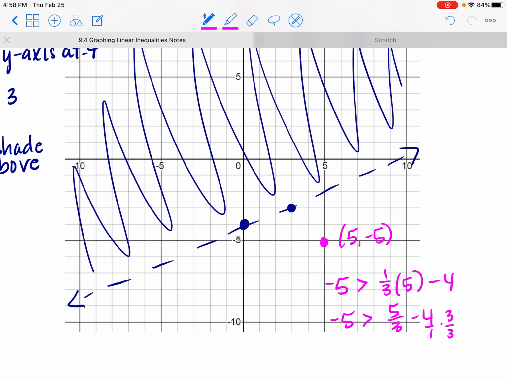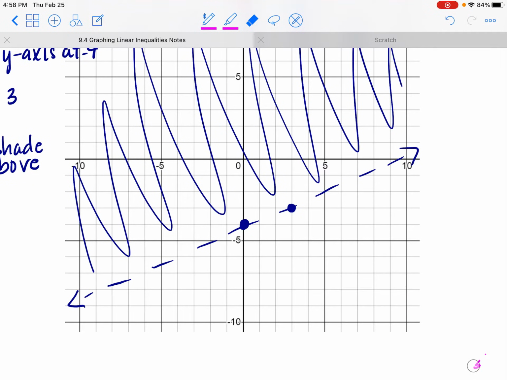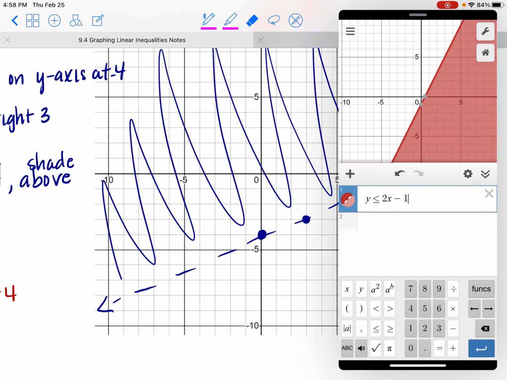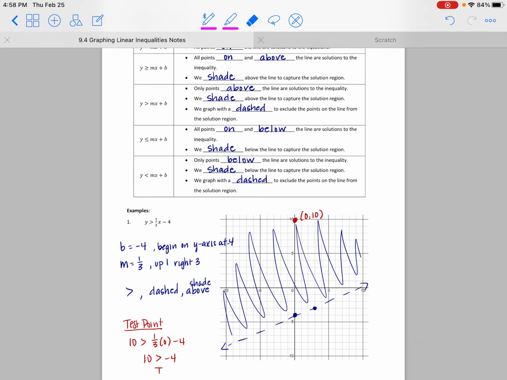I should have picked a better number. So if I have 5/3 and I subtract 12/3, I get -7/3. That's like -2 point something. Well, that's definitely going to be greater than -5. So this one ends up being false, which is exactly what we want, because that one was not in our solution region. Okay, that makes sense. Sorry about that fraction work. All right, and then we have Desmos to use to confirm our work if we wanted to.